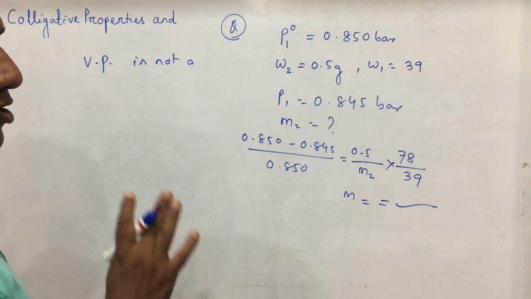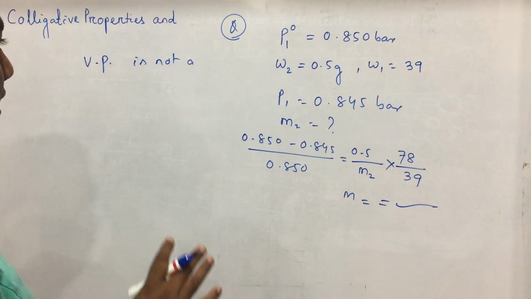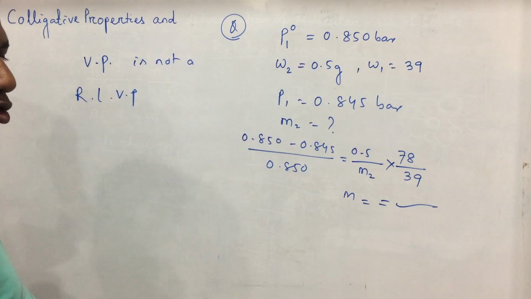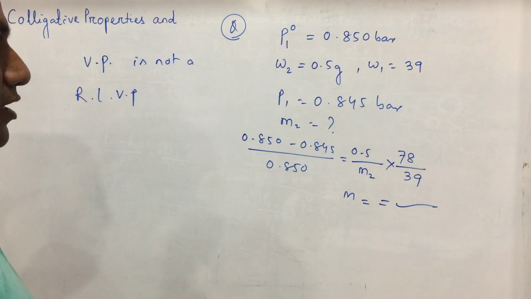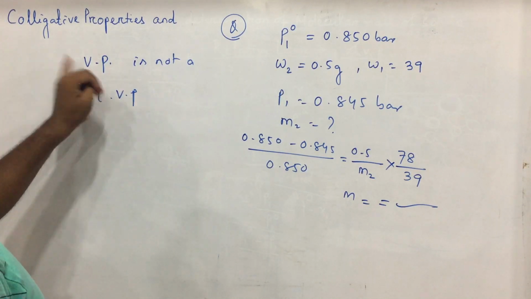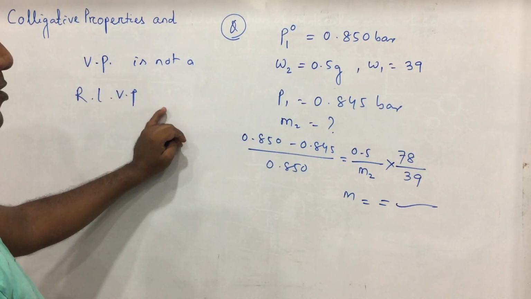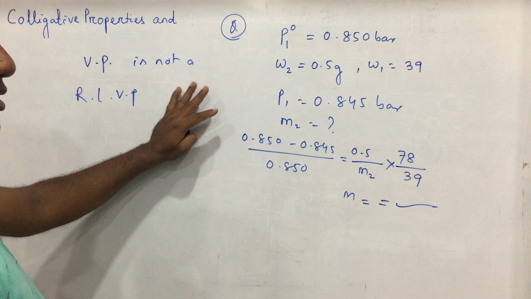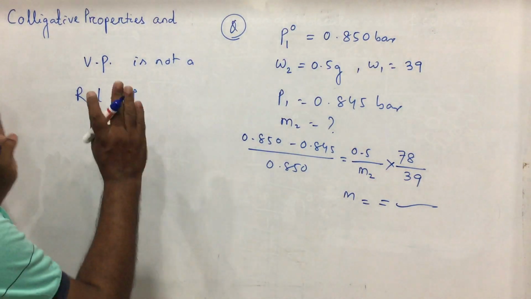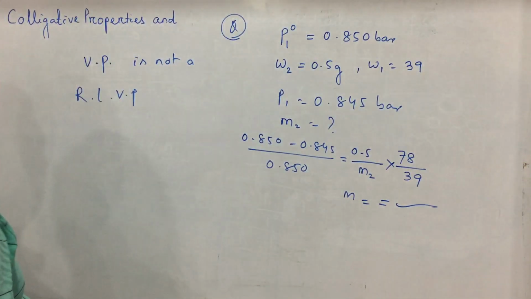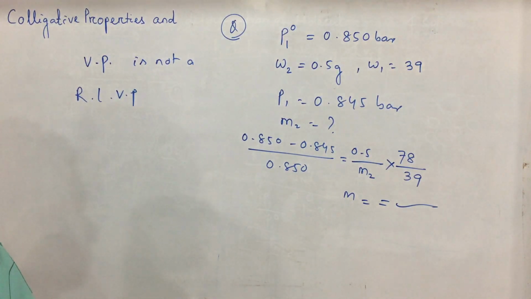But relative lowering of vapor pressure is a colligative property. Clear? Remember, this is the important part. In this part, theory, numerical, remember the formula. The important part is that vapor pressure is not a colligative property, but relative lowering of vapor pressure is a colligative property. Clear?